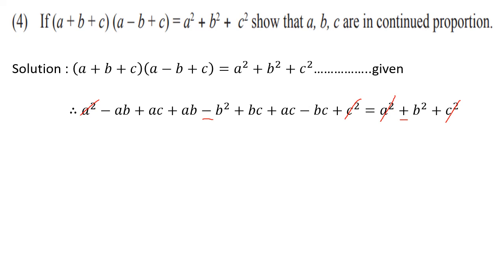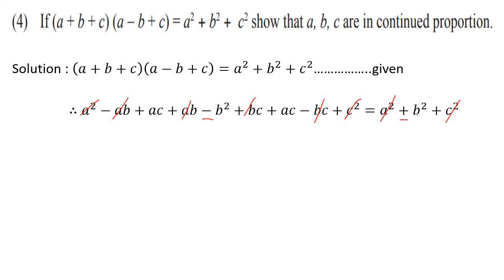Now let's see the left hand side. Here also some terms can be cancelled because they are like terms with opposite signs. Like see, minus AB and plus AB got cancelled. Plus BC and minus BC got cancelled.